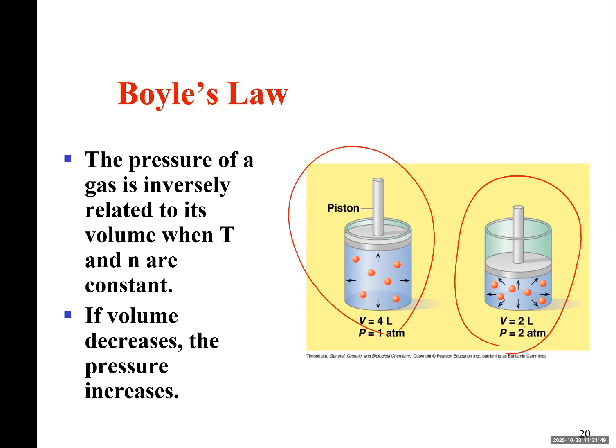When you double the pressure, volume is reduced by half. So one is double, the other one is half as much. They're inversely related. We increase the pressure, volume is decreased. Let's find out a more accurate relationship between them.